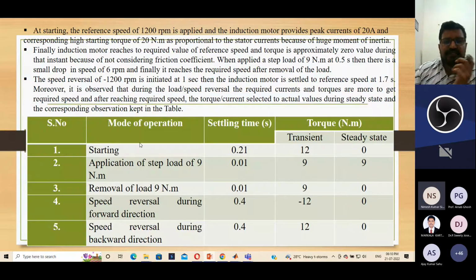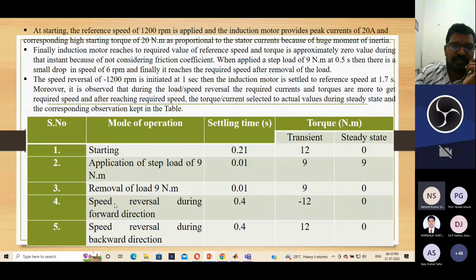So these are the settling times, and how much time is taken to reach the steady state value. This table gives you the values for different modes. At starting condition, how much settling time is required for an induction motor, as well as when I applied a step load of 9 Newton meter and again removed that load, how much time is required.